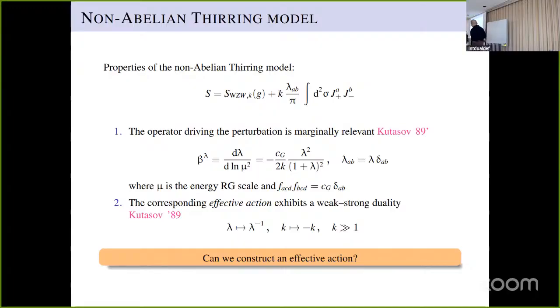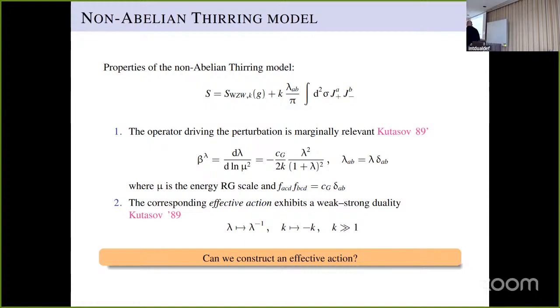There were some works by Kutasov in '89 where he found, doing a loop computation in the deformation parameter lambda, where he took the matrix here to be isotropic, at leading order in 1 over k, k being the level of the current algebra, so things simplify, that the beta function is given by this expression. This is the quadratic Casimir of my group G, and mu is the energy scale.